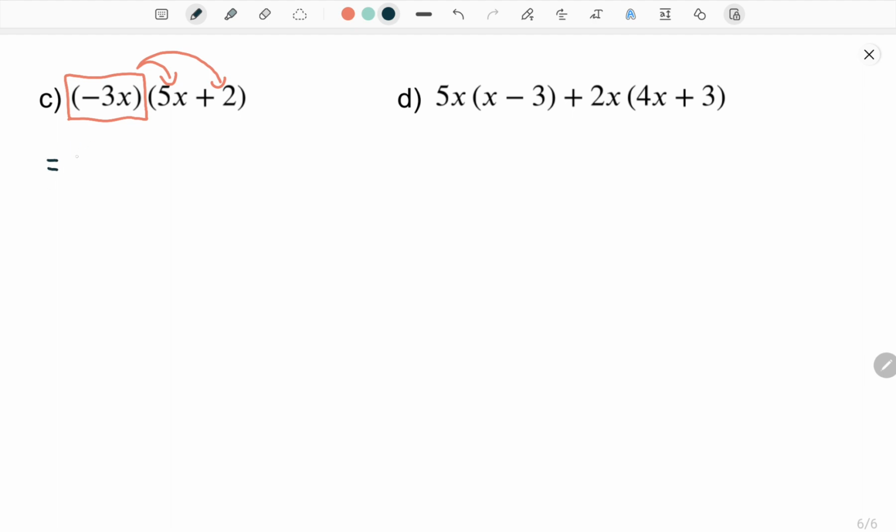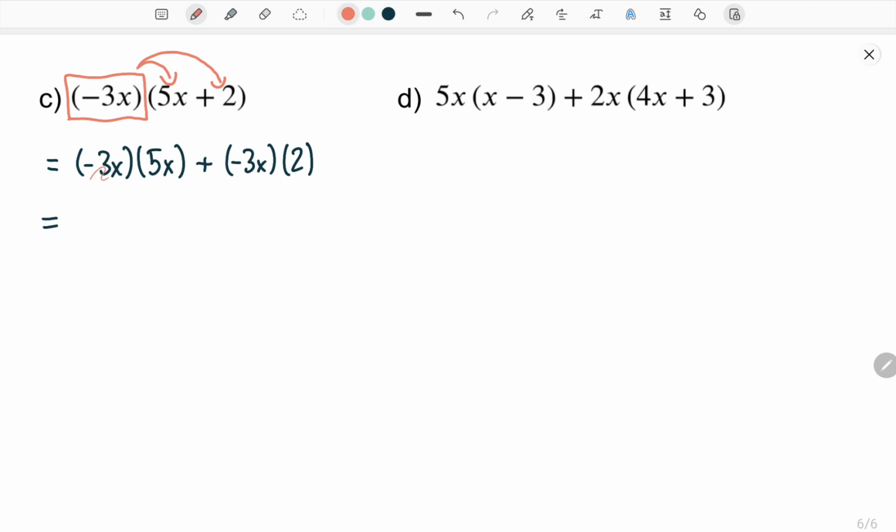So for the first part, we're multiplying the negative 3 and the 5. So it's going to be negative 3x times 5x. And for the second part, I'll include a plus sign, then it's going to be negative 3x times 2.